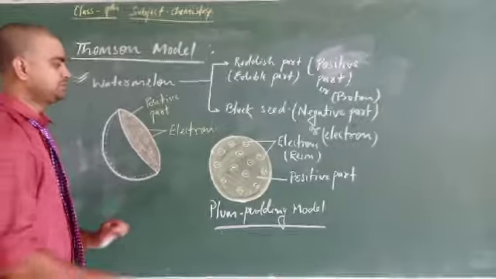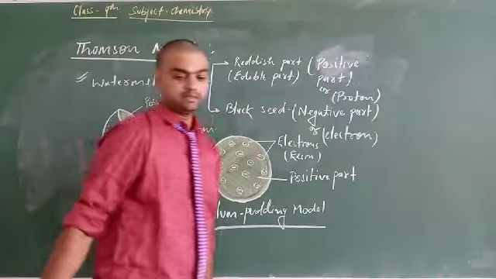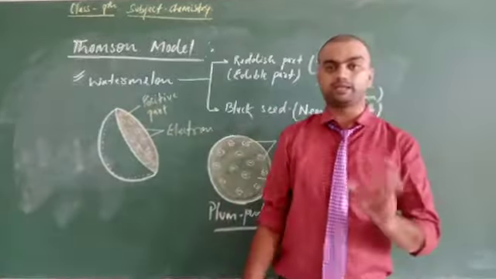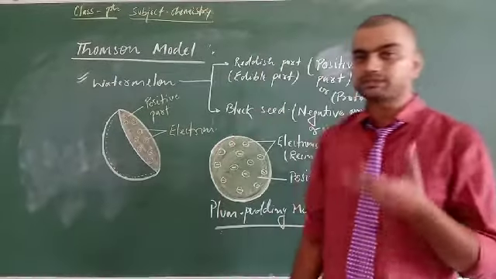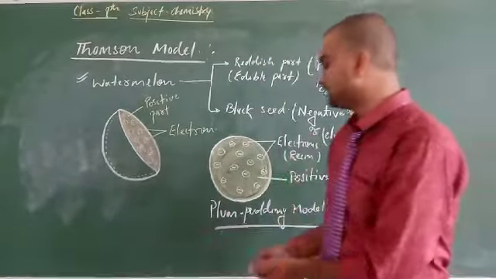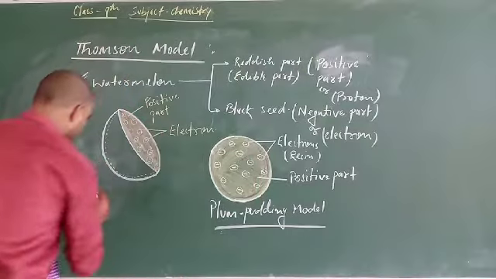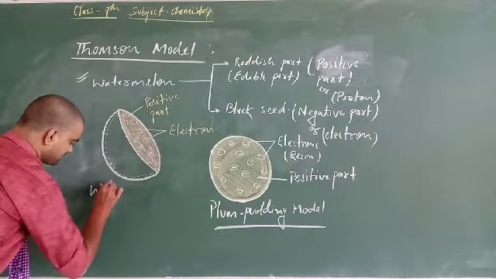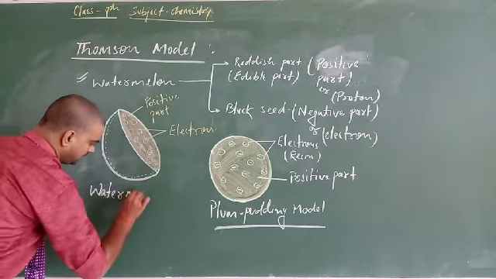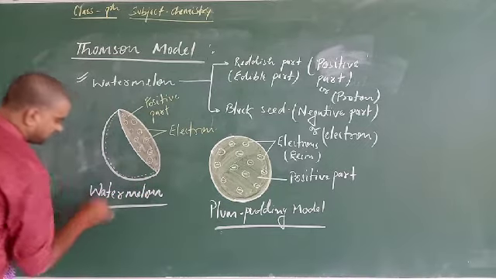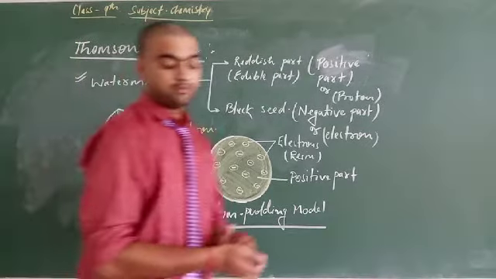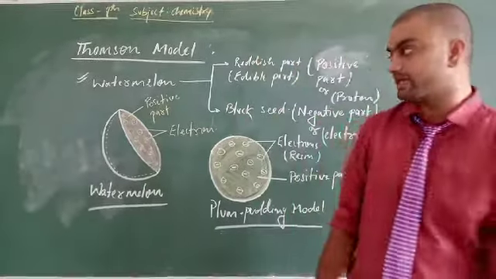Understand? So Thomson suggested that the atom is spherical in shape, and he compared his model with two things, the plum pudding as well as the watermelon. Clear? But what was the demerit in this case?